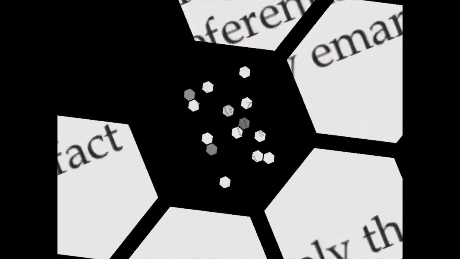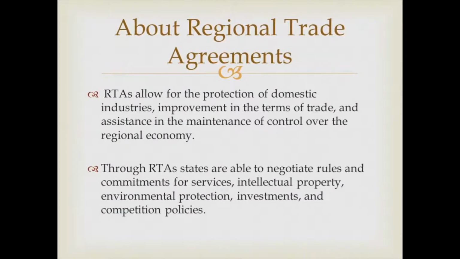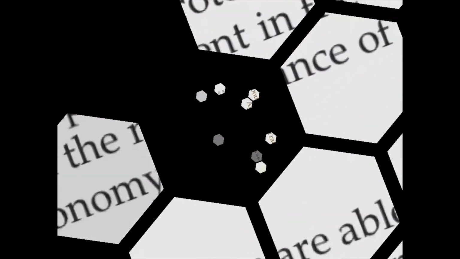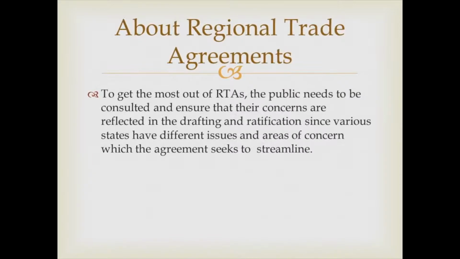RTA allows for protection of domestic industry, improvement in terms of trade, and assistance in maintenance of control over the regional economy. So under RTA, the economy is being protected. Through RTA, states are able to negotiate rules and commitments for services, intellectual property, environment protection, investment, and competition policy. So basically under RTA, everything is protected, especially for those who focus more on economy.